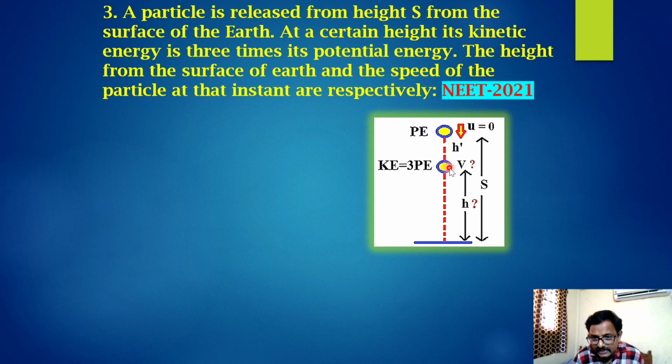At a certain height h from the ground, the kinetic energy is 3 times the potential energy. The height from the surface of earth and the speed of the particle at that instant are respectively? So we have to calculate this height and this speed at which kinetic energy equals 3 times potential energy. It was given in NEET 2021.